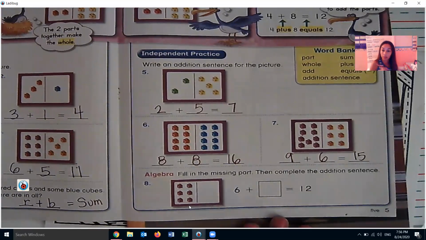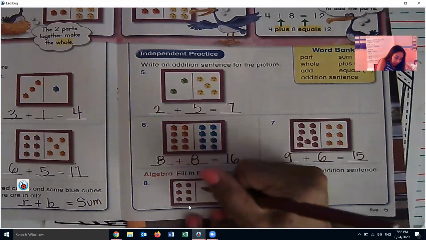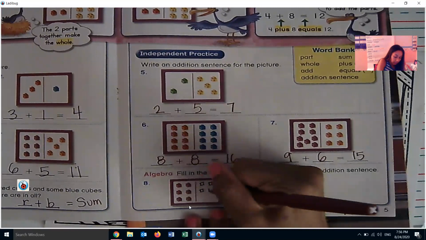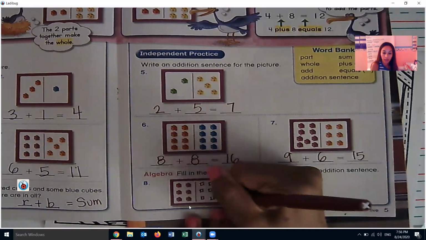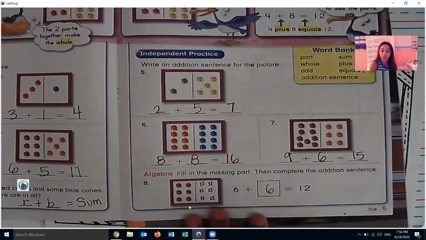Or we can make little pictures, finish the picture here to come up with 12. So I have 6, I go 7, 8, 9, 10, 11, 12. I can see that I drew 6, so it's a doubles. 6 plus 6 gives me 12. So our doubles back there.